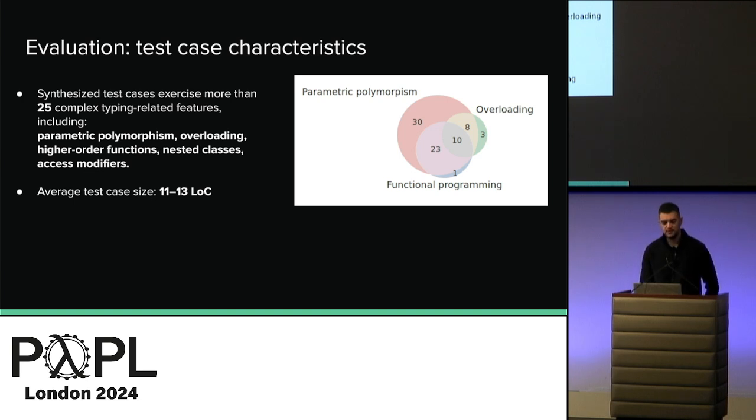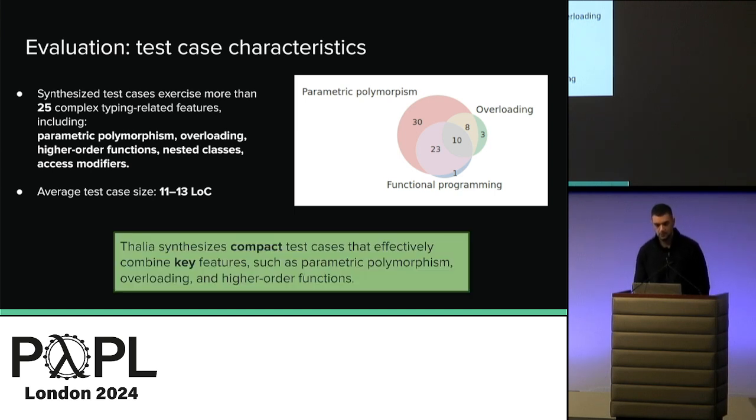And the average size of our test cases is between 11 and 30 lines of code. So the key takeaway here is that Thalia can synthesize compact test cases that effectively combine key features for stress testing type checkers.